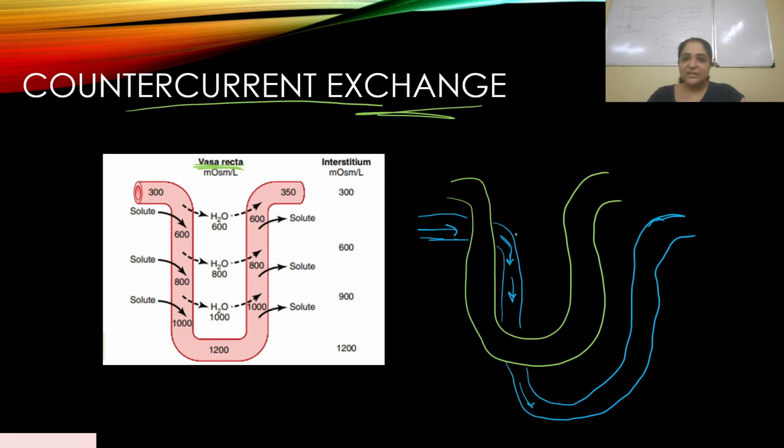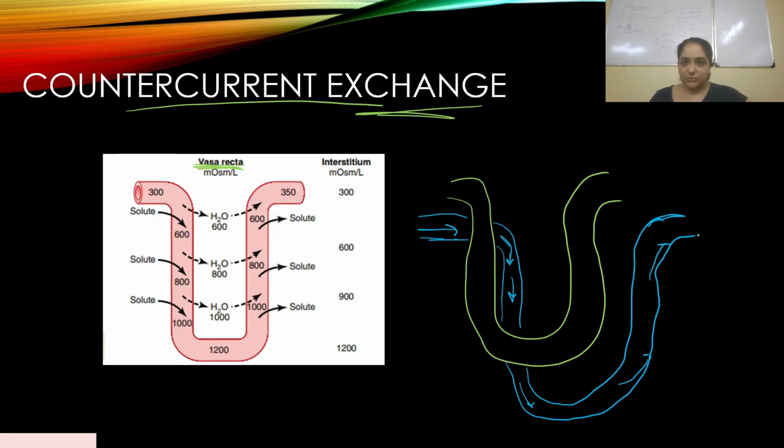It's not happening very quickly. So this in a way helps to maintain that hyperosmotic region. It's not that solutes and water are quickly moving in and out. No, it has to maintain a particular osmolarity, that 1200 milliosmoles per liter. So this flow over here is a very slow flow.